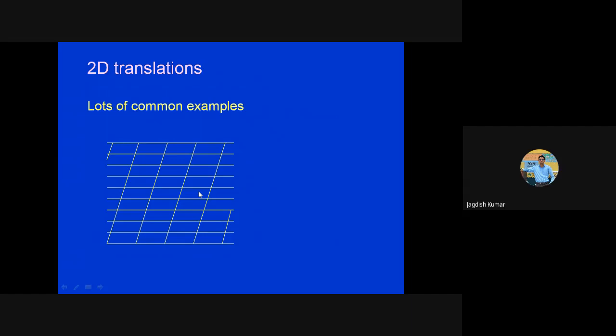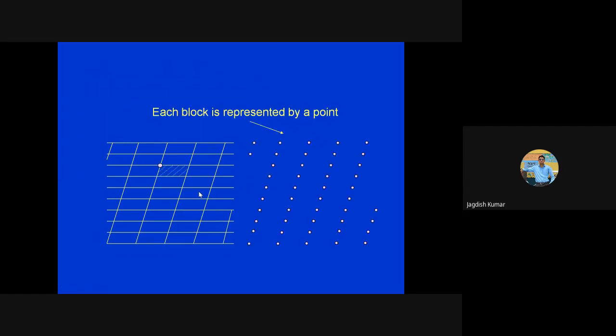So how can we represent these repetitions? Instead of representing the whole structure, we may prefer to take a point corresponding to each structure. Instead of representing the whole parallelogram, let me take a dot for each parallelogram. Pay attention to this one in the center, right?